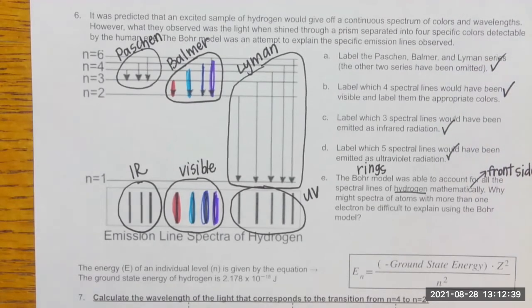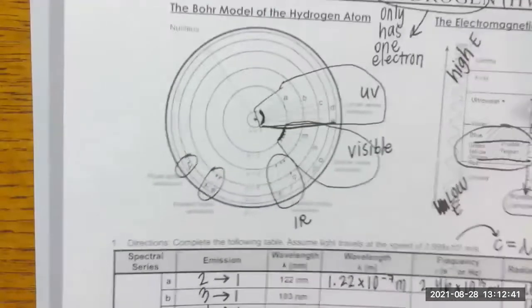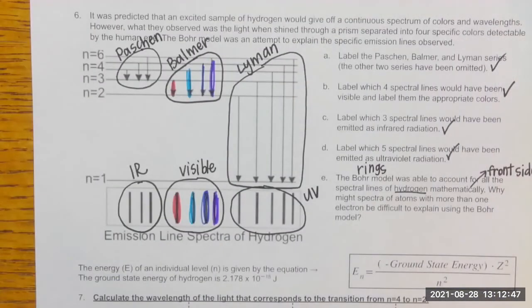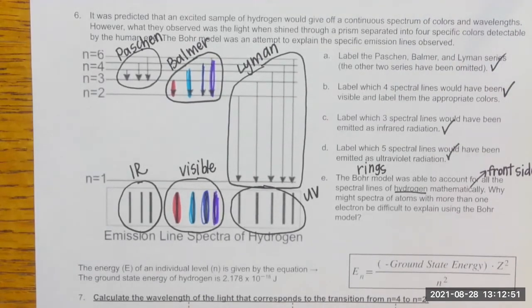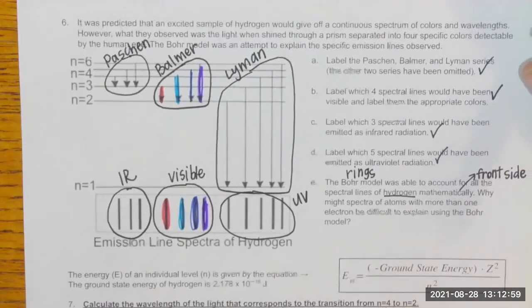Every single line that was drawn, we were able to do math on to figure out the colors and such. So why then, we don't really look at any other ones other than hydrogen.